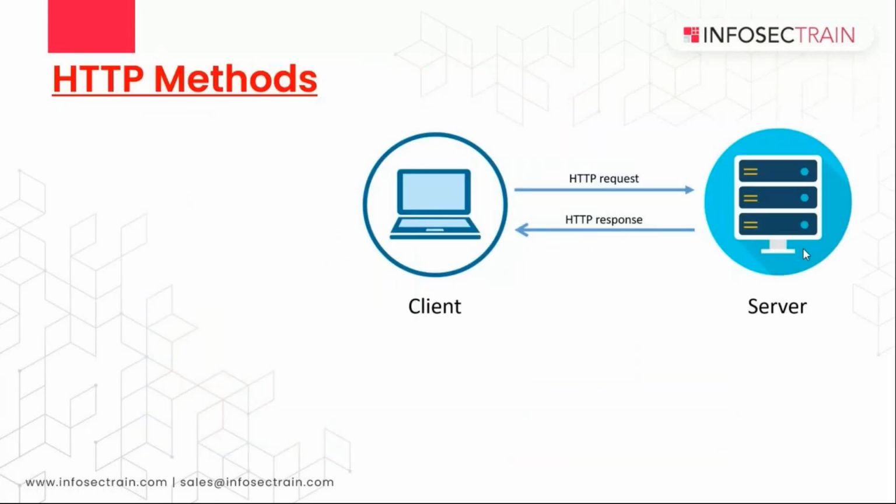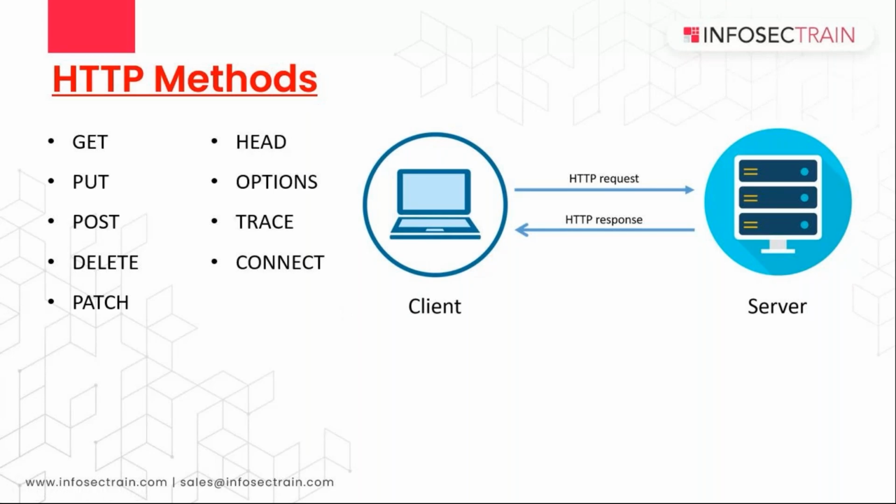Now, when we are talking about web applications, the first and main thing that you should know is HTTP and HTTP methods, right? So first we should know what is HTTP.